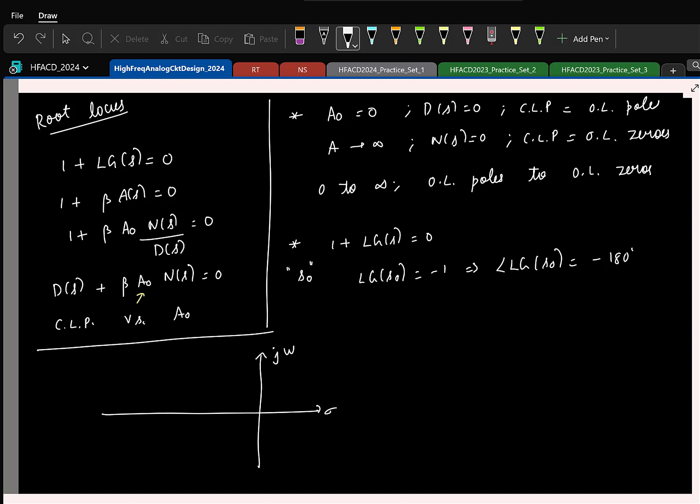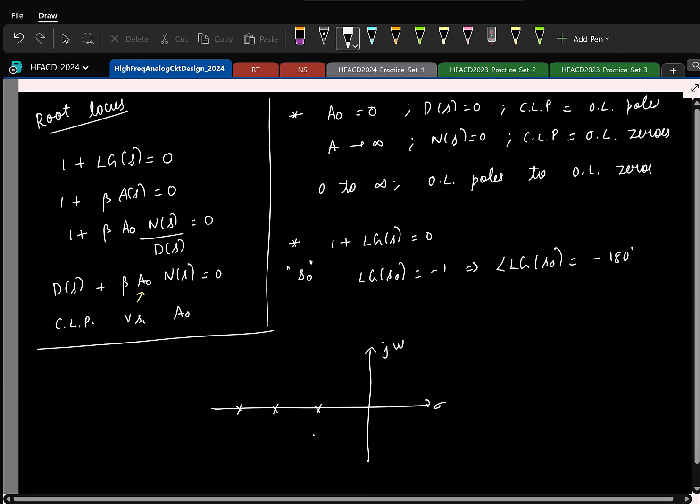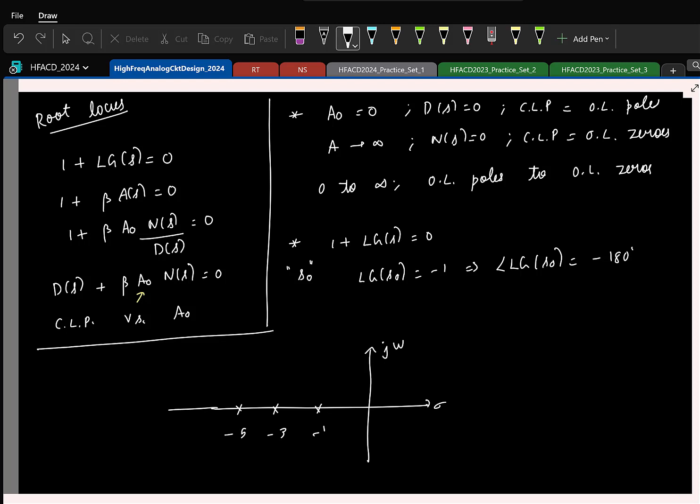Let us say it has 3 poles, for example, let's say -1, -3, -5, something. These are the open loop poles. Now let us see if you can make any comments about the root locus lying on the real axis. That is, let me take a point somewhere here.